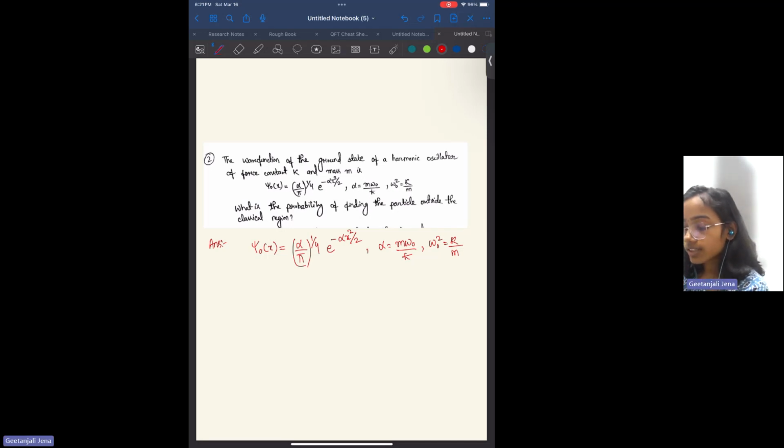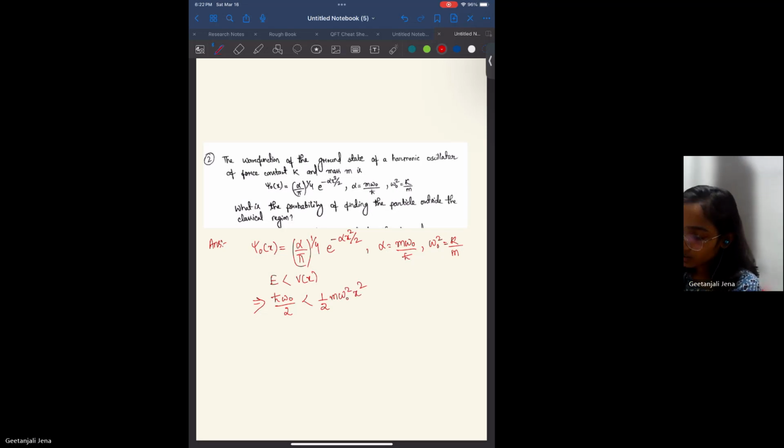Okay, so outside the classical region means the energy of the particle will be less than the potential energy. For the ground state, the energy is nothing but h cut omega 0 by 2, which will be less than V of x, which is half m omega 0 square x square. So that means x square must be greater than h cut by m omega 0, right?